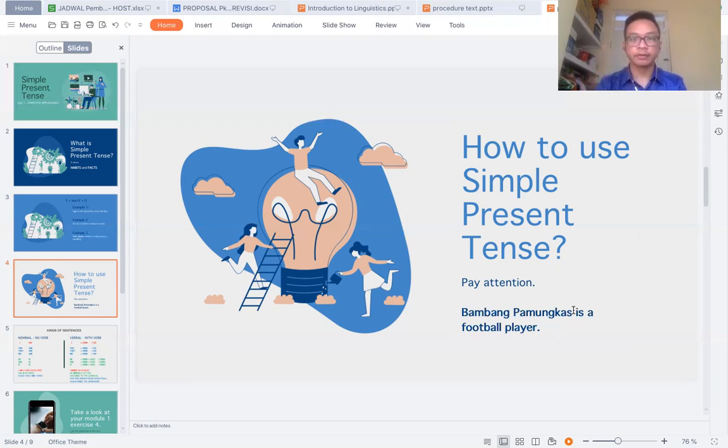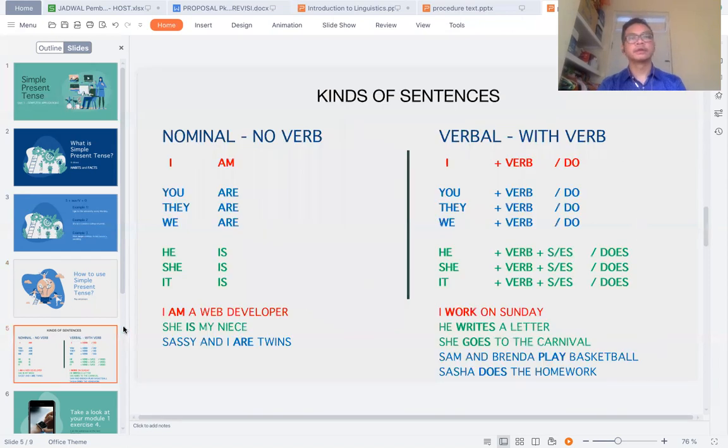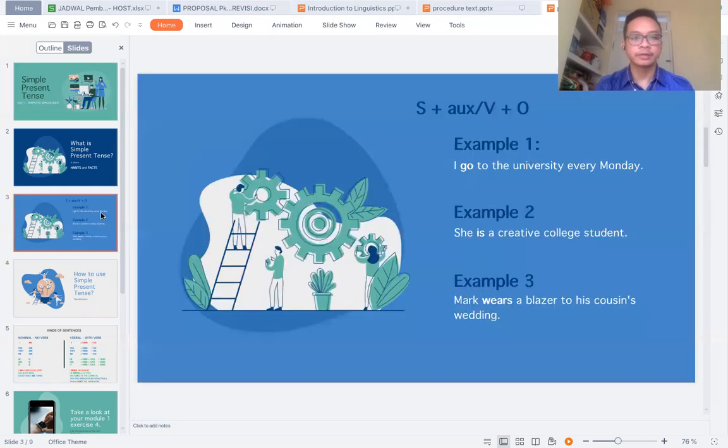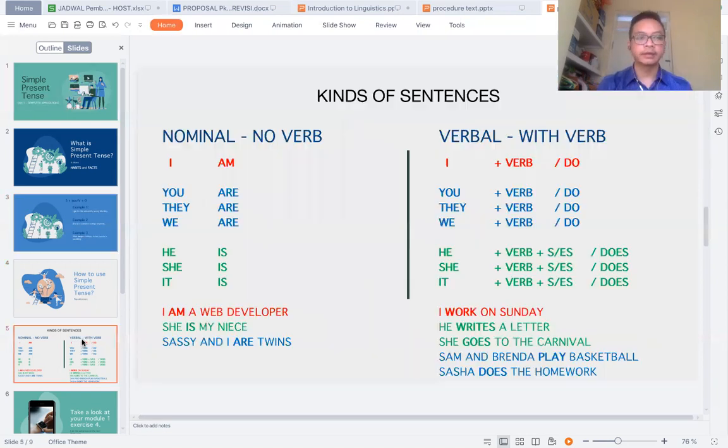Alright? Okay, let's go on to the next slide. So here are the kinds of sentences. Jadi sebelumnya di sini itu ada yang menggunakan is, ada yang menggunakan go. Kenapa kok seperti itu? Maka dijelaskan dulu ya di sini.